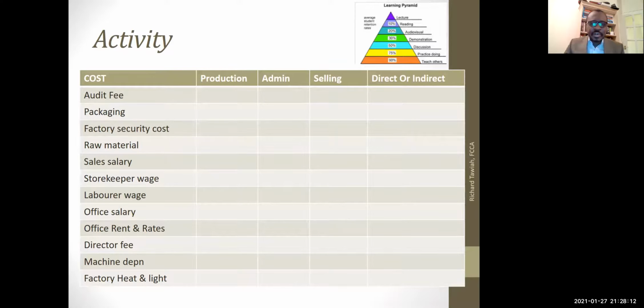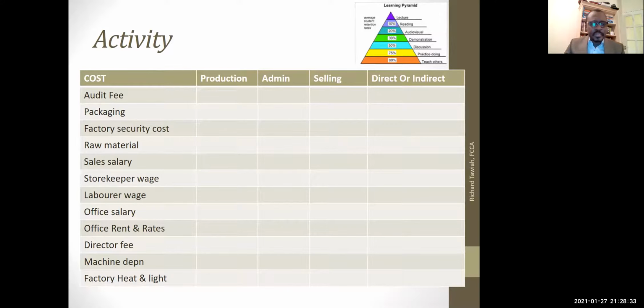So though it's a production cost, it is indirect. Raw materials are production costs, and they are directly attributed or traced to the product. What about sales salaries? It goes directly under selling, and realize that this is an indirect cost because you cannot trace it to the product.